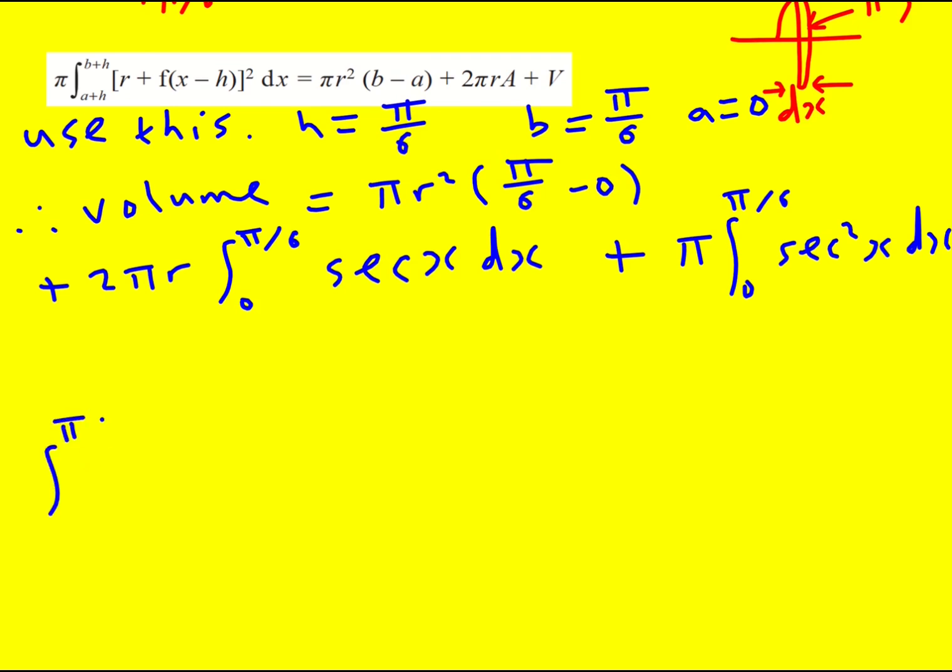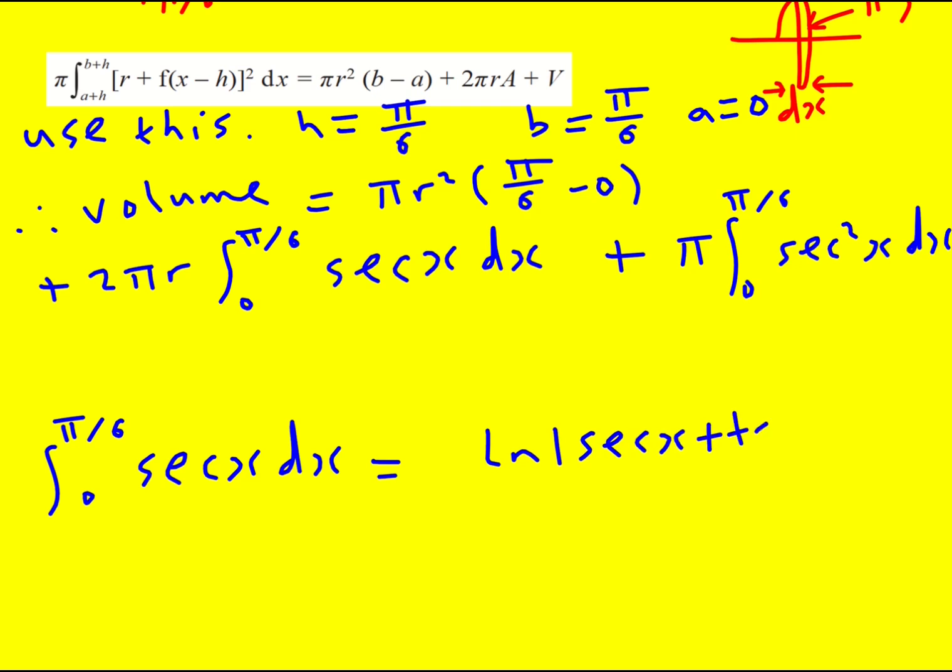So if I integrate sec x, then I get ln of sec x plus tan x, evaluated between 0 and pi over 6. Okay, so cos pi over 6 is root 3 over 2, so this will be 2 over root 3.